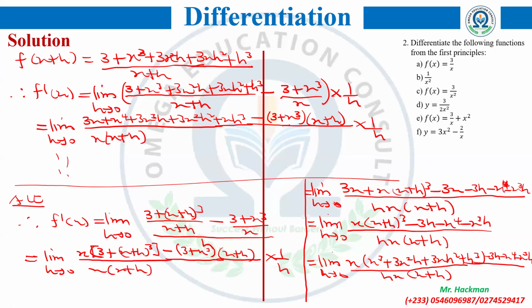Hello, are you with me? Yes, please. Then we come to this, and this will multiply and give you 3x squared h. There is no x squared h term here, so it means I need to go and write that, because nothing will combine with it. So I'm going to equally write that. That is 3x cubed what? h.